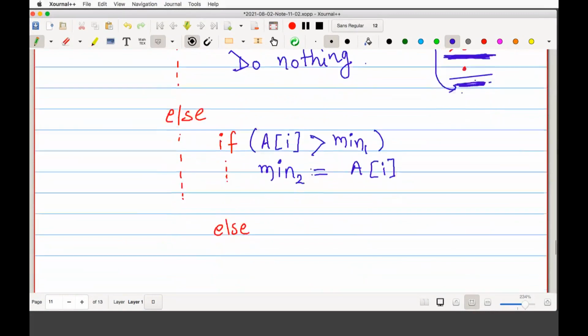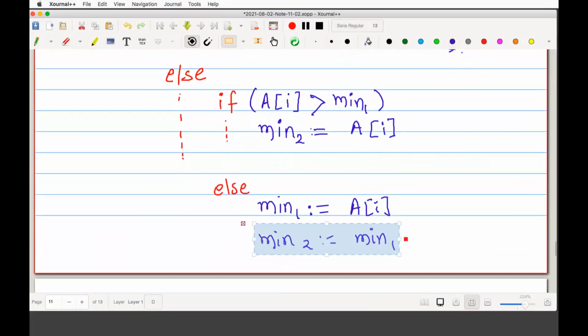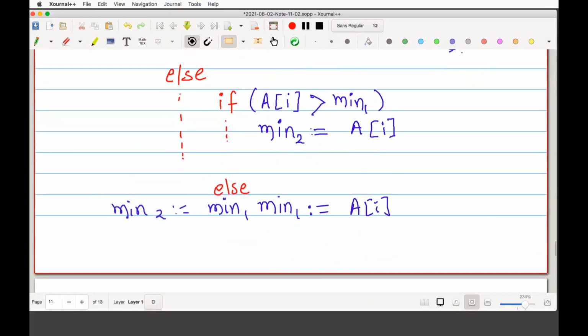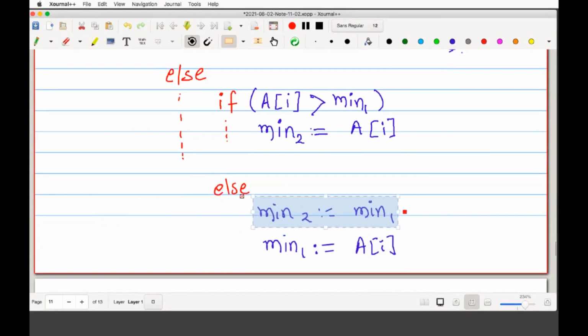Min 1 is now Ai, so Ai is our new minimum, and for min 2, the current minimum should be assigned. Min 2 would be assigned first, min 1 second. Right, yeah. So I should update min 2 first, because otherwise the old value is lost. Does that make sense, everyone? Any questions about this new algorithm?